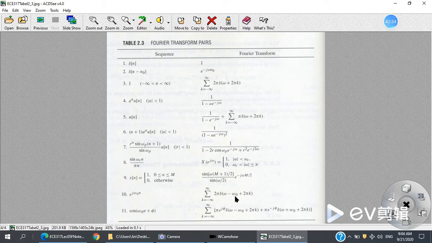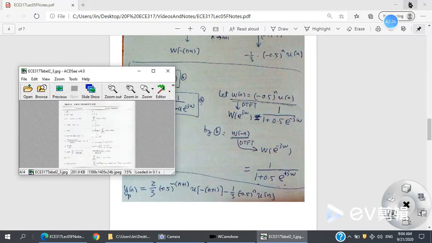The first one, okay. Oh, it's too small. Yeah.